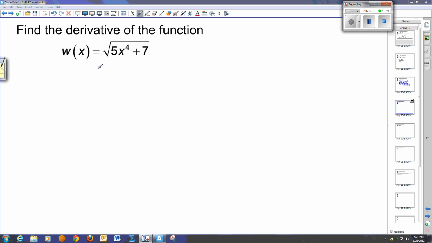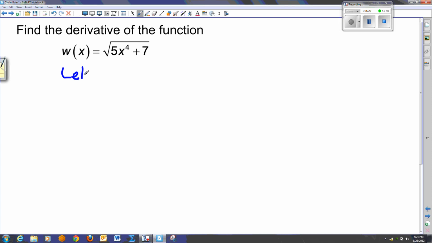So what I'm going to do is say let y equal, instead of w, I like using y better, 5x to the fourth plus 7. And rather than put that in a square root, I'm going to raise that to the 1/2 power.